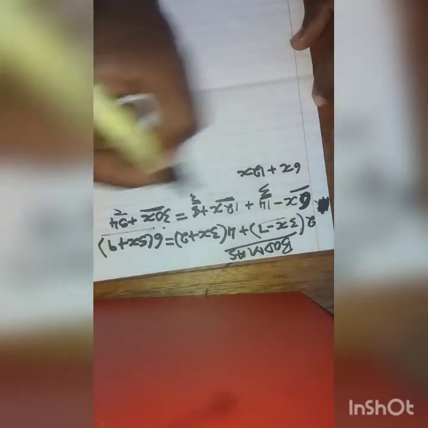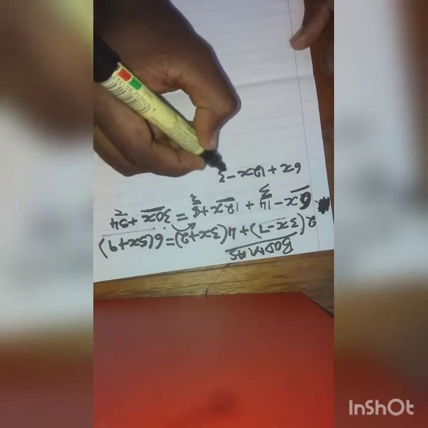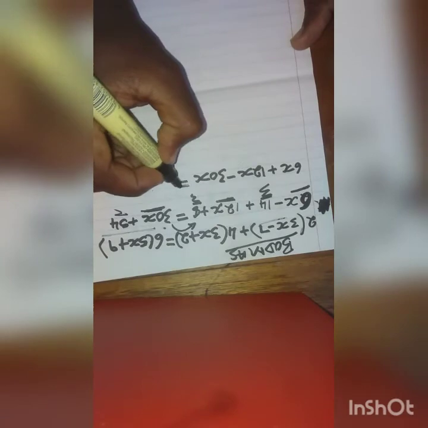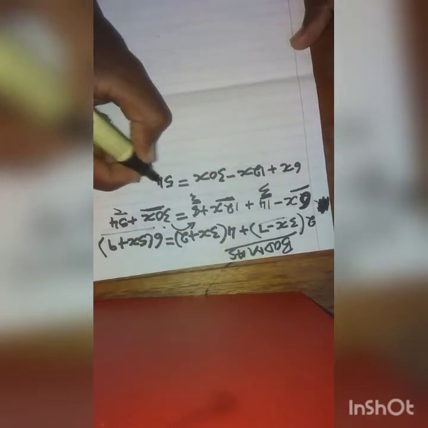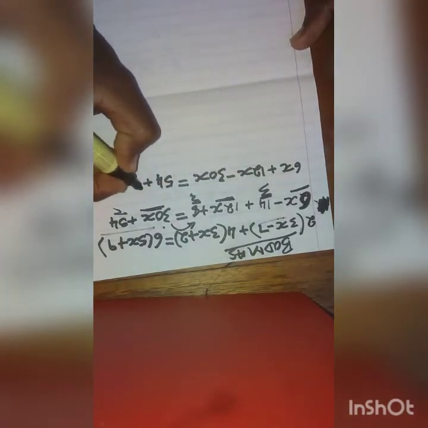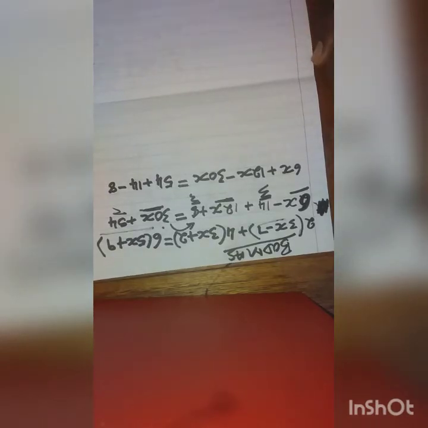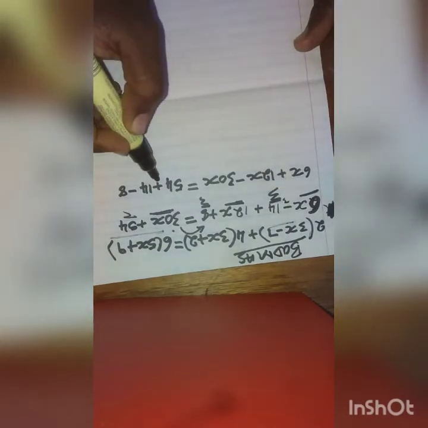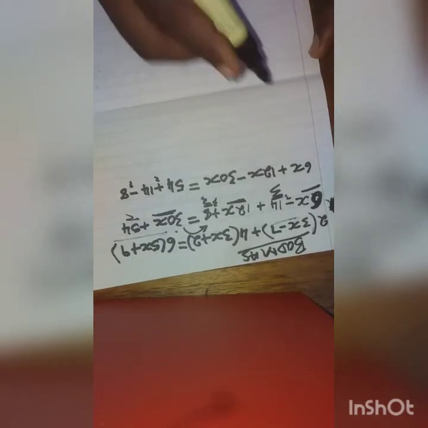Then this one crosses over the equal sign, so it becomes negative 30x. I believe you are all following me. Then it's equal to 54, then plus 14 minus 8. As this one was a negative, now it becomes a positive. This one was a positive, now it becomes a negative. Keep that in your mind.